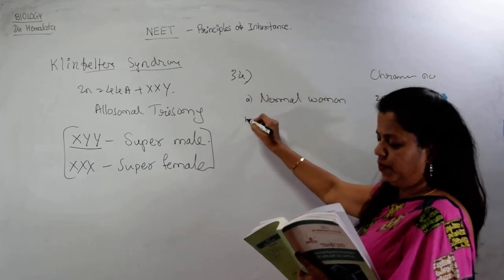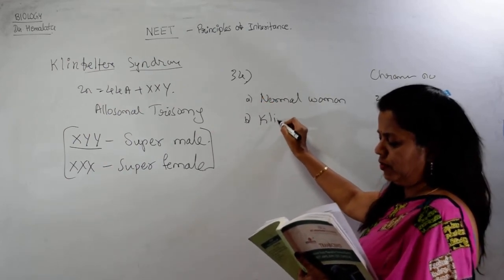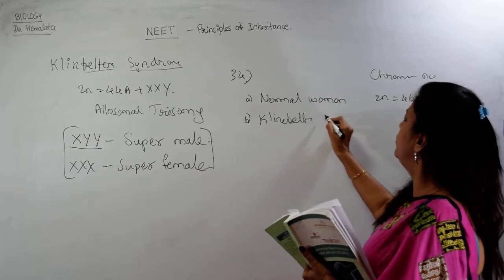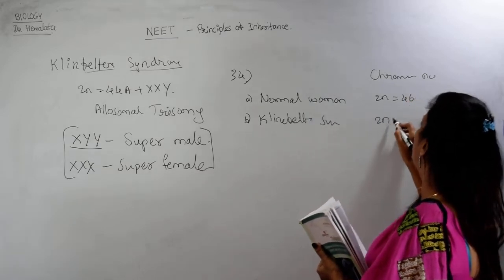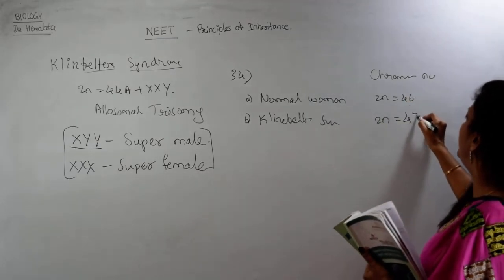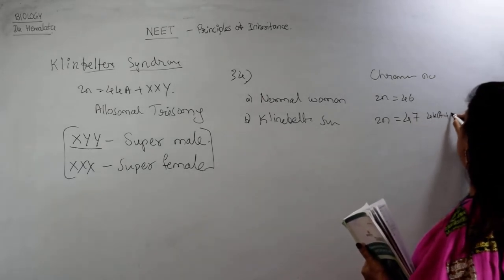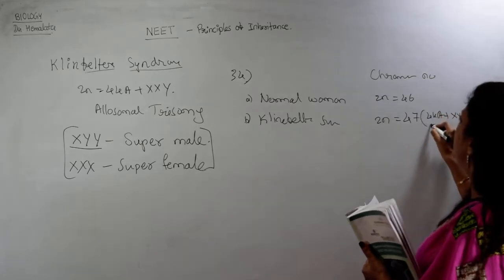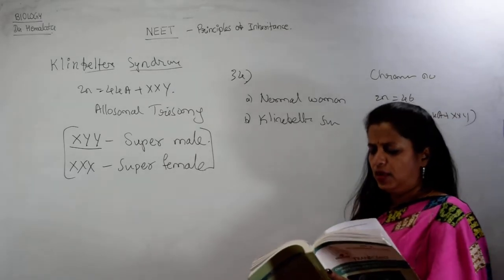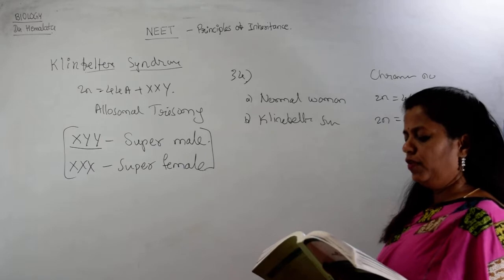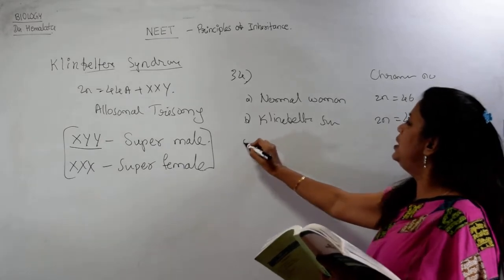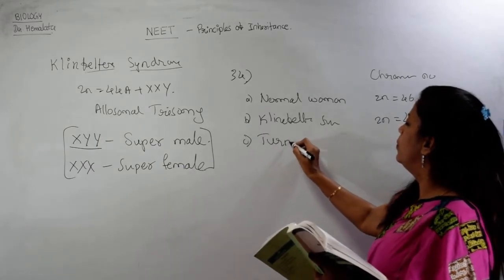This is A. For B they have given Klinefelter syndrome. Klinefelter syndrome will have 2n equals 47. Why? They will have 44 autosomes plus XXY. Therefore they have one extra allosome. That is 47 chromosomes. Then C they are showing Turner syndrome.